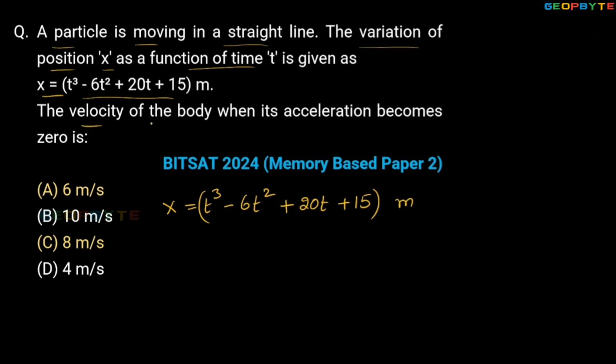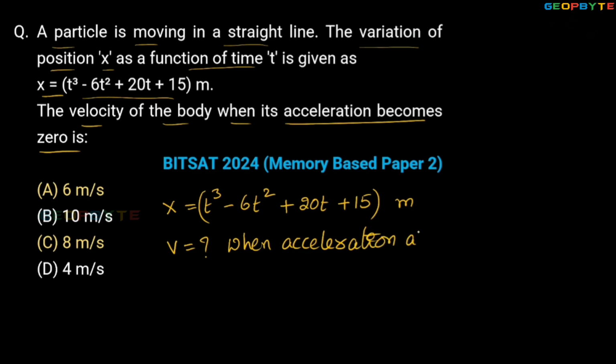The velocity of the body when its acceleration becomes zero. What is the velocity v when the acceleration of the particle a equal to 0?